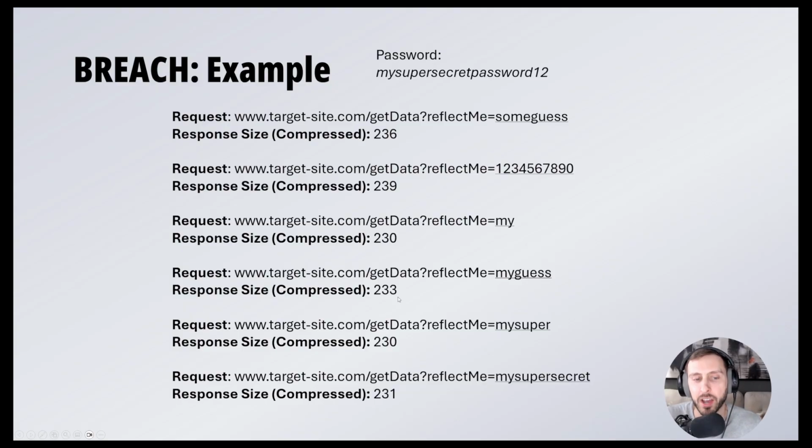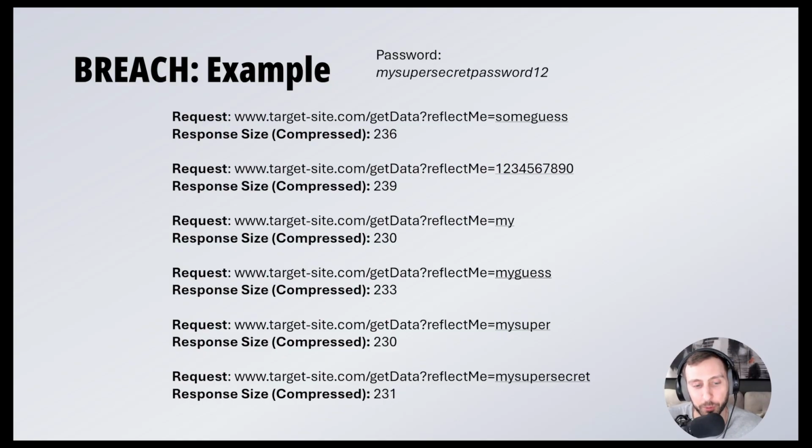Now, that's kind of an interesting result because adding "guess" as 5 bytes is larger than 3 bytes. But it's not that interesting yet, and it doesn't match our password. But these are kind of the thought processes of what you would be thinking when conducting this attack.